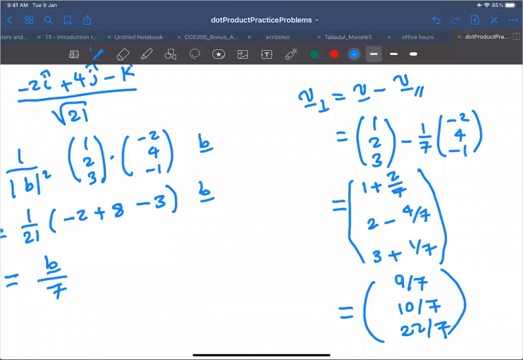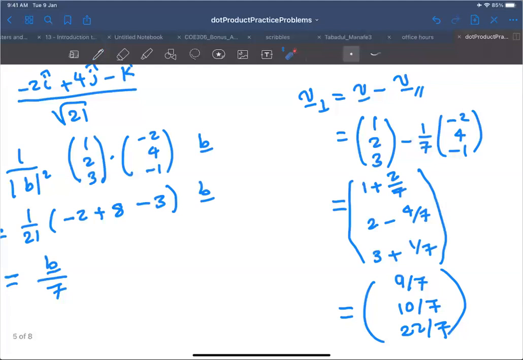Okay, so here is the final answer. We have only to add these two vectors here. So basically this is going to be 1 minus into minus is a plus, so 1 plus 2 over 7, and then 2 minus 4 over 7, and then 3 minus into minus is plus 1 over 7.